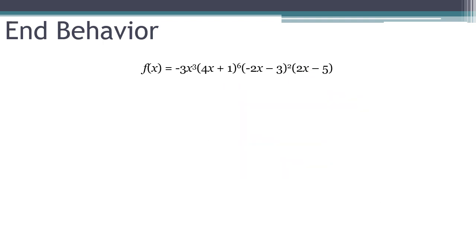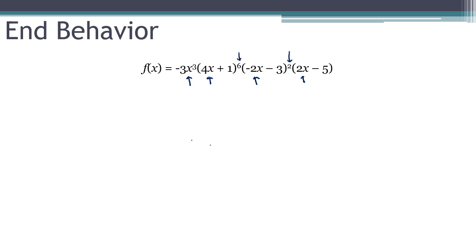All right, so let's try this one out. And now we're in truly the case where I do not want to multiply this thing out. All right, so let's see what our leading terms are. It's this one, this one, this one, and this one. And remember, we also have to apply the exponents.